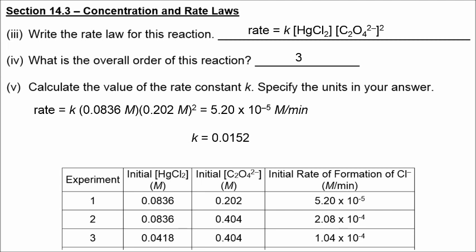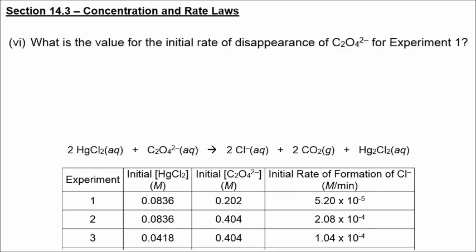We have molarity cubed times K equals molarity per minute. That forces the units for this particular value of K, the rate constant, to be molarity to the negative 2 power inverse minutes.